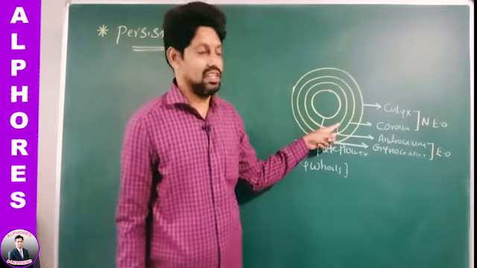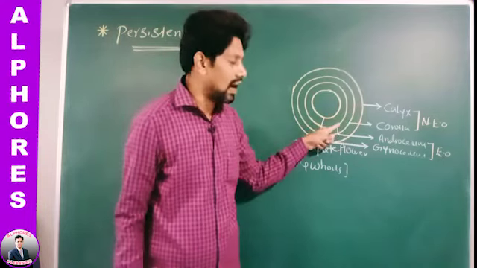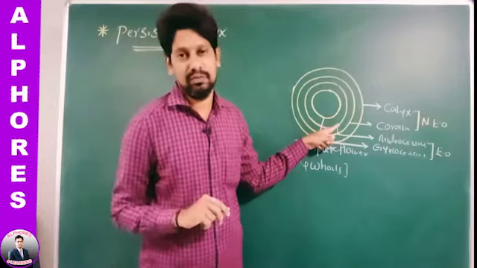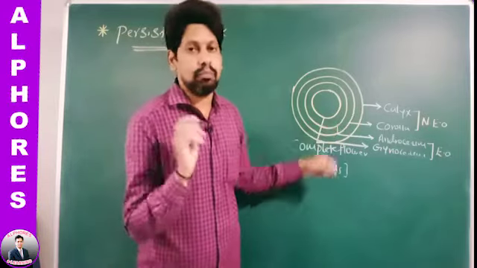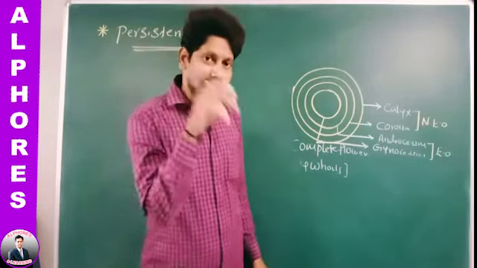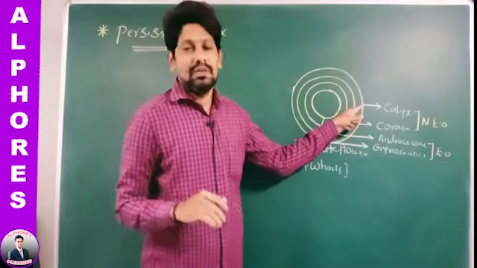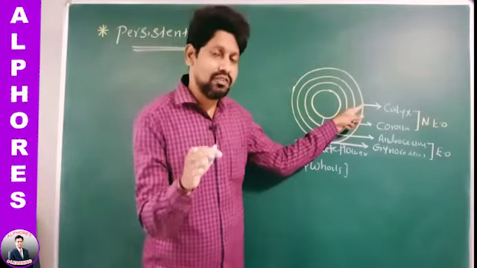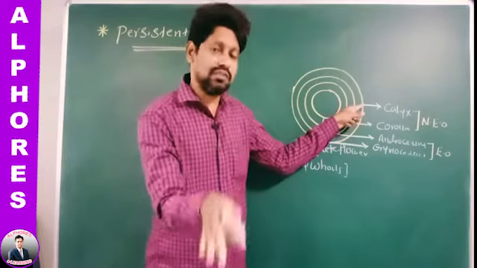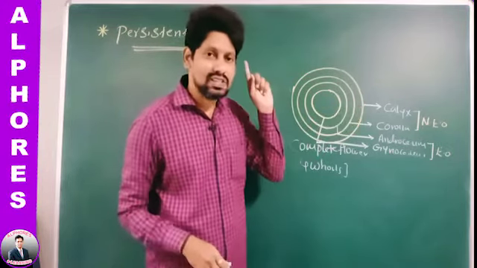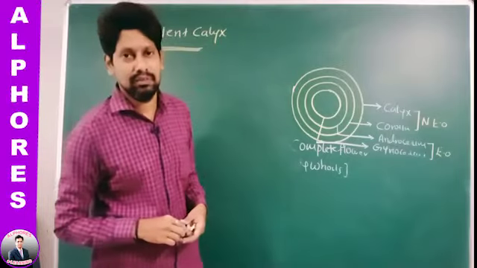After fertilization, calyx, corolla, androecium, they fall off. But in some plants, even after fertilization, the calyx does not fall off. The calyx which does not fall off even after fertilization is called a persistent calyx.